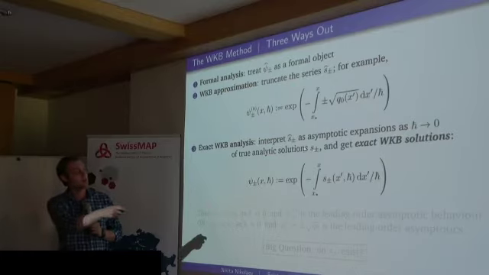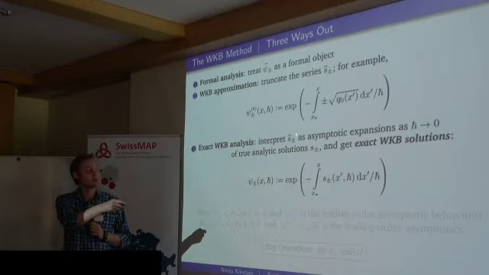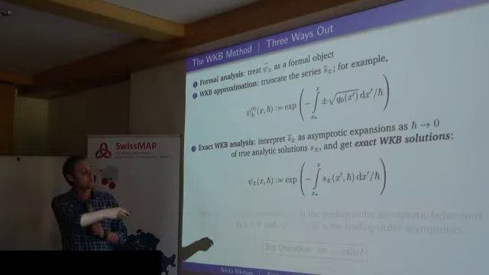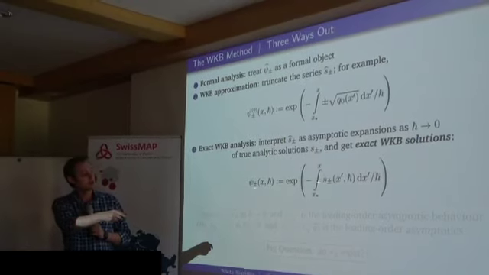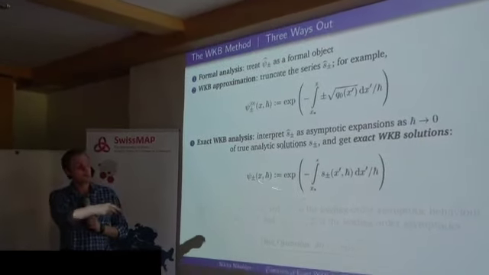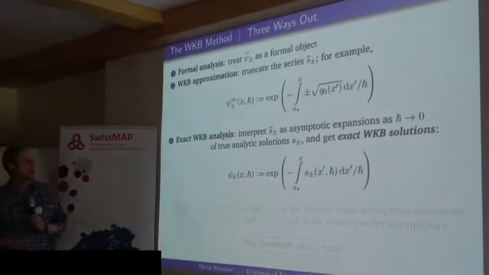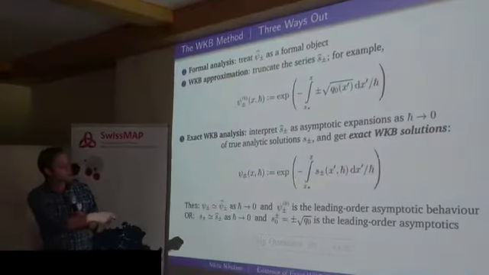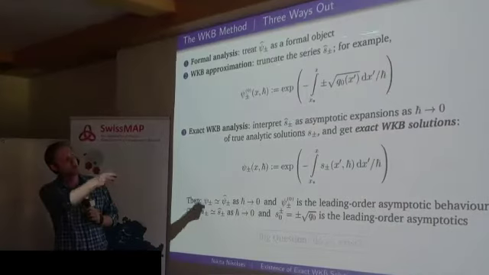Then, if S plus is an analytic solution whose asymptotic expansion as ħ goes to 0 is S hat plus, then this object is now an analytic exact object. First of all, it is going to be an exact true analytic solution to my Schrödinger equation, whose asymptotic behavior is like this formal expression.